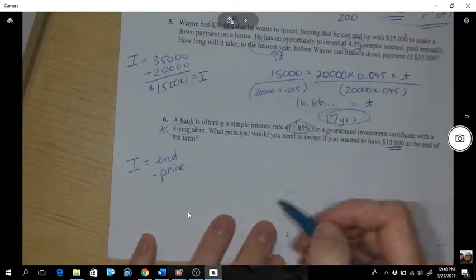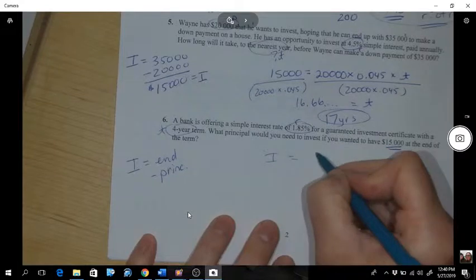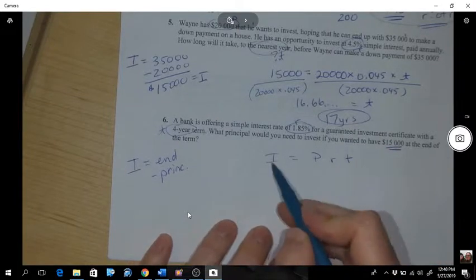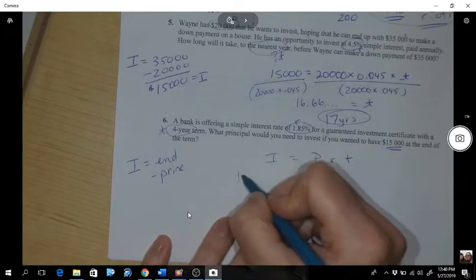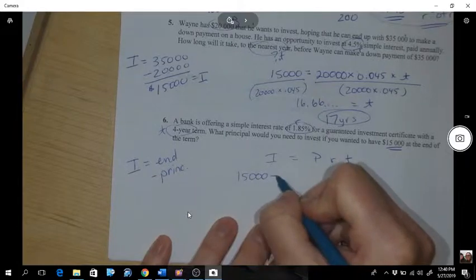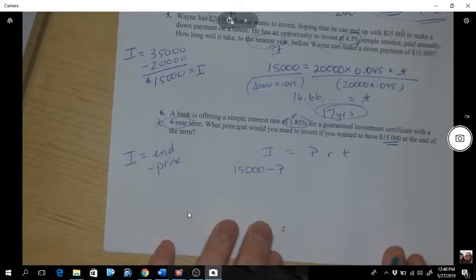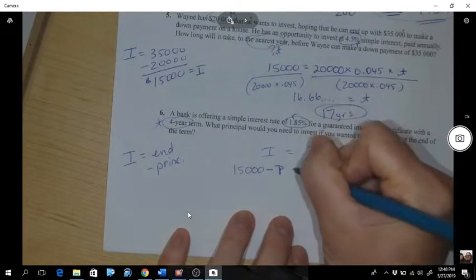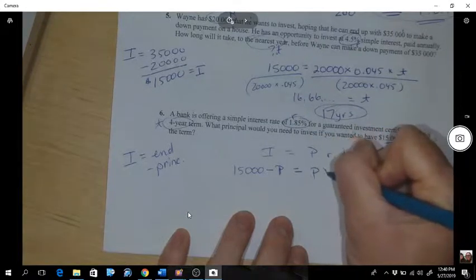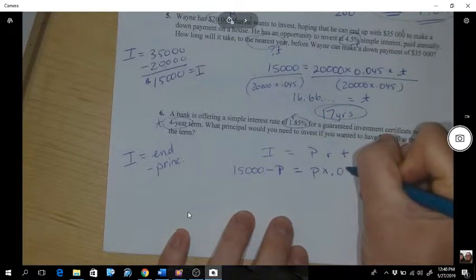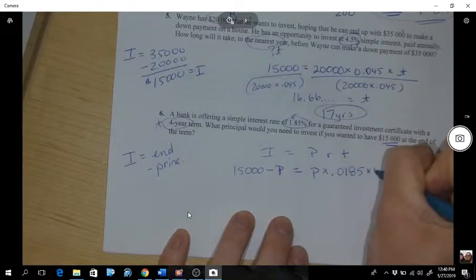Okay, so I'm going to write this formula out. Okay, so our interest is 15,000 minus the principal, which I don't know, equals the principal times the rate times the time.